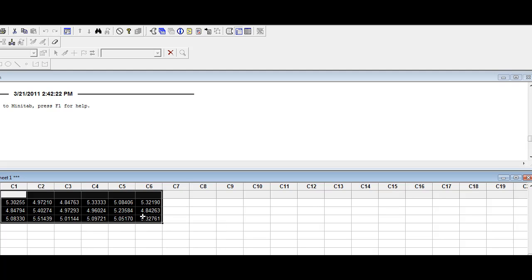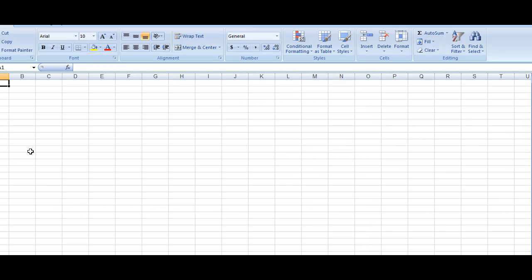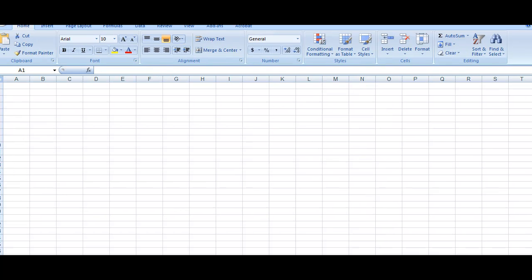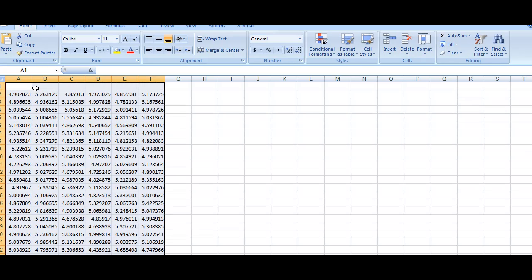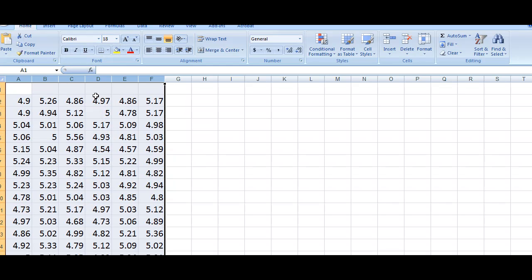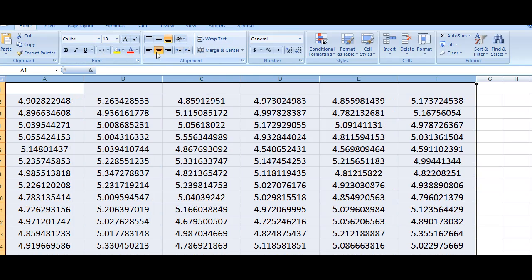Here we go. We have 1,000 samples of size 6 each, okay? So let's bring them over here, and here they are. I'm just going to enlarge them for you, and I'm centering them.